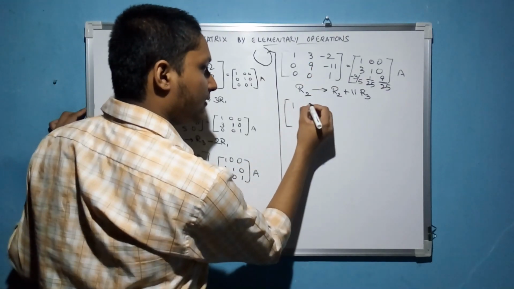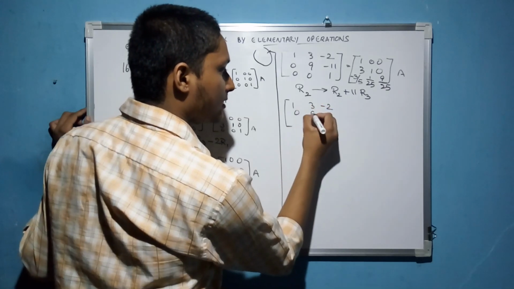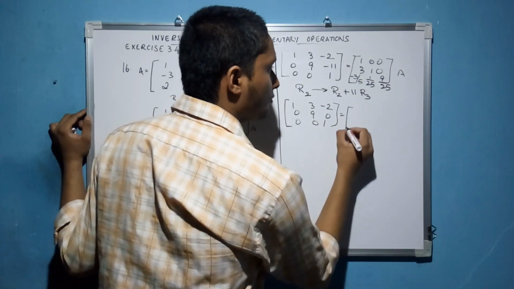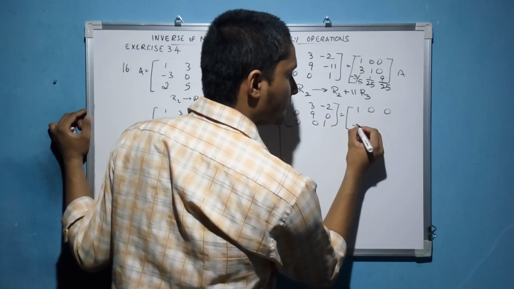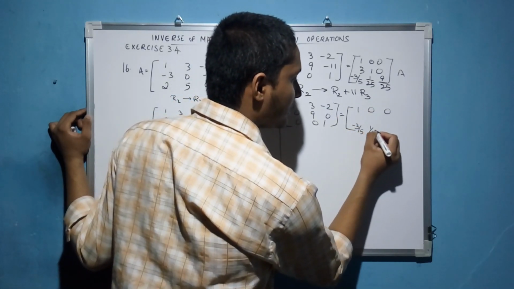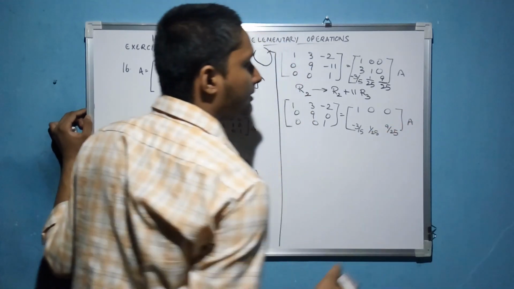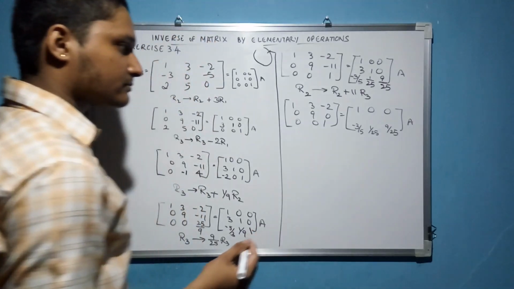So it is going to be 1 3 minus 2, 0 9 0, 0 0 1, equal to 1 0 0, minus 3 by 5, 1 by 25, 9 by 25 as it is, and I'm going to get A over there.